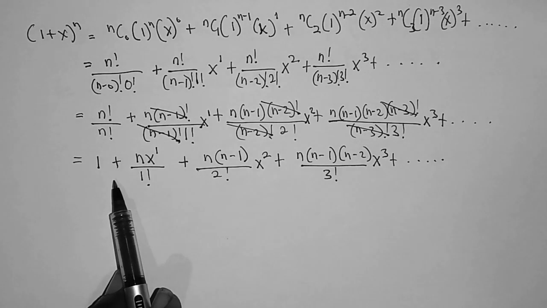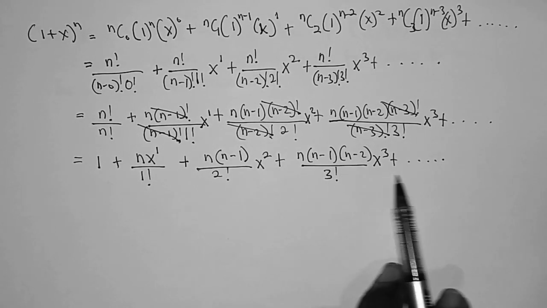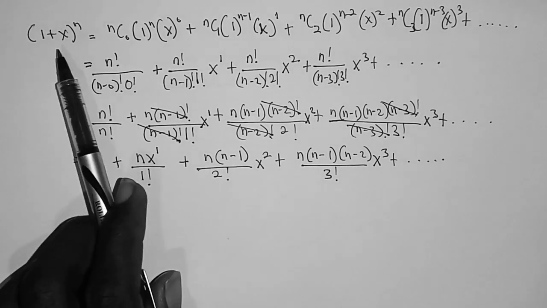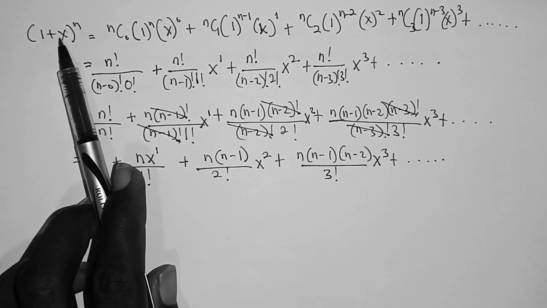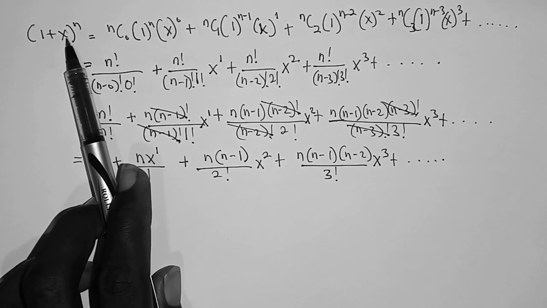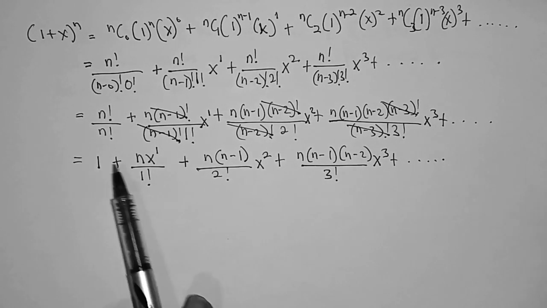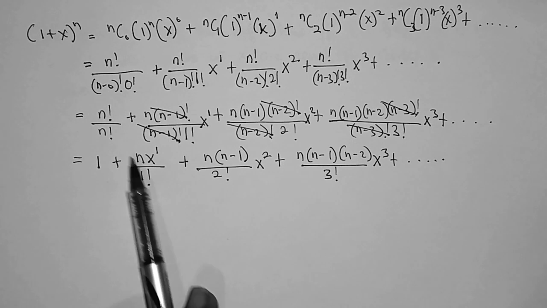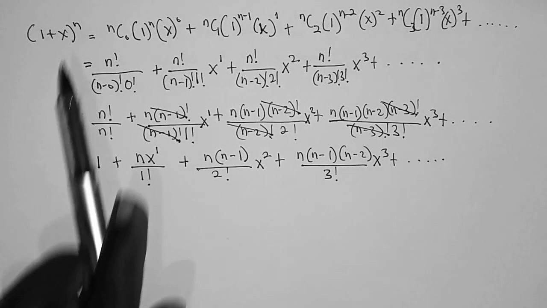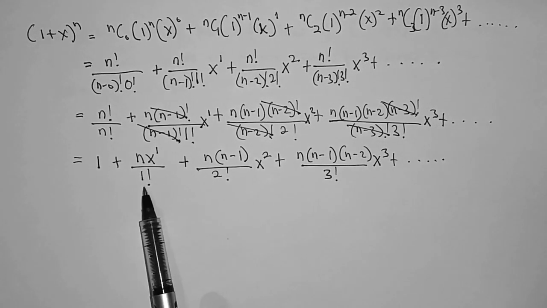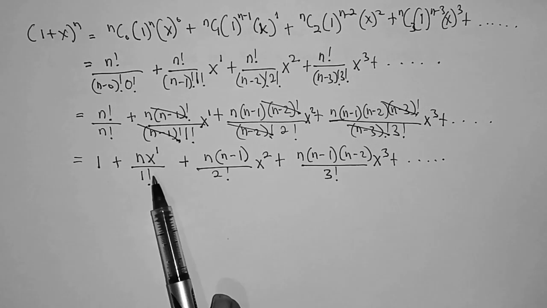So at the end of the day, you can see that we are beginning to see a certain pattern. The pattern is that anytime we are given 1 plus a certain variable exponent n, then the first term is 1, then plus n times x exponent 1 divided by the power factorial.